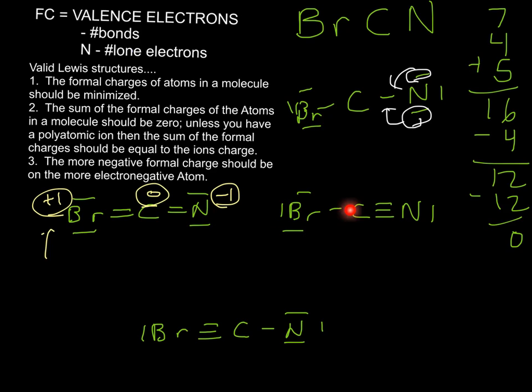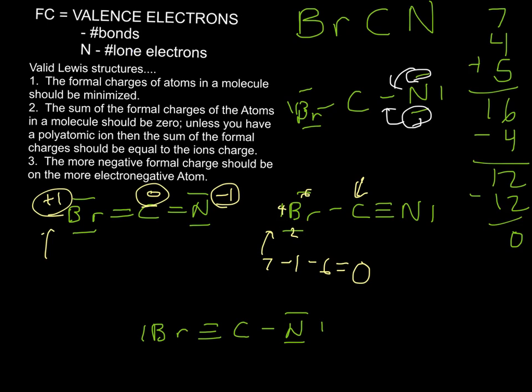All right, let's move over here to this one. We've got bromine with 7 valence electrons because it's in group 7A. Then we have 1 bond that bromine's participating in, and then we have 2, 4, 6 lone electrons. So that gives bromine a formal charge of 0.